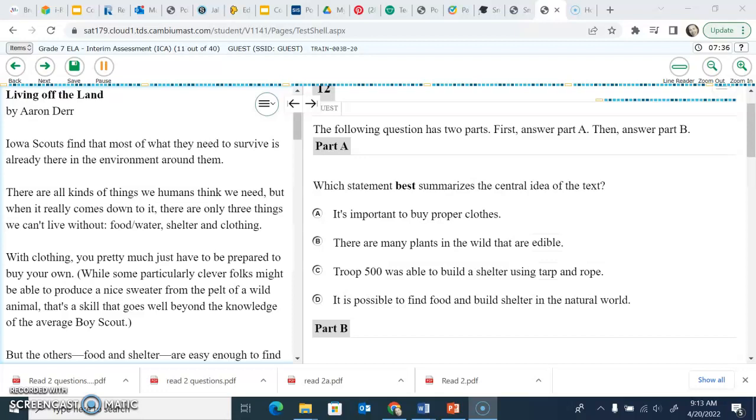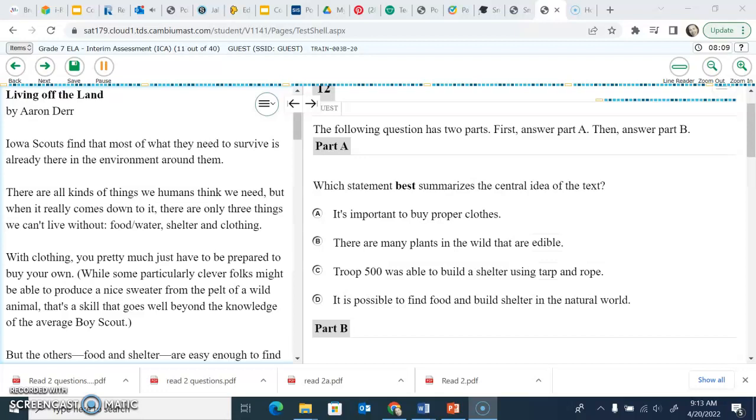So my advice to students on Part A, Part B questions is really to not even look at Part B to begin with, to really spend your time and use your multiple choice question strategies on Part A, and to really figure out what your answer is for Part A. Most of the time, Part A, Part B questions are going to ask you about main idea, author's purpose, character traits, character motivation, and theme.